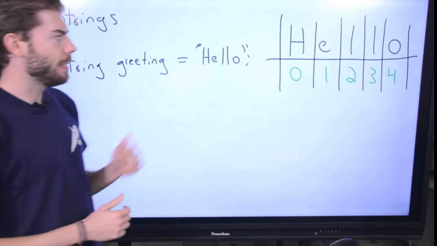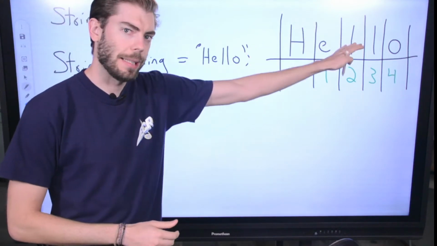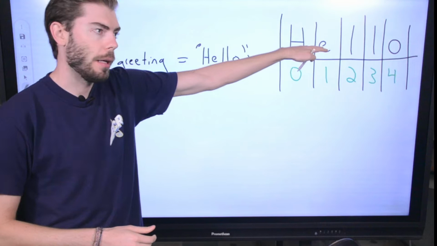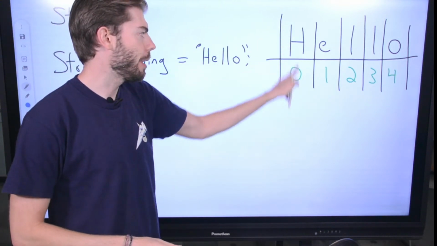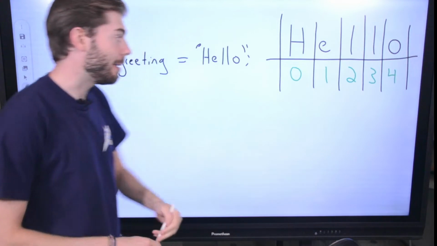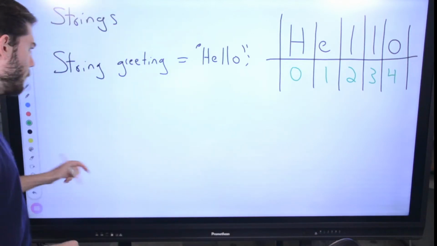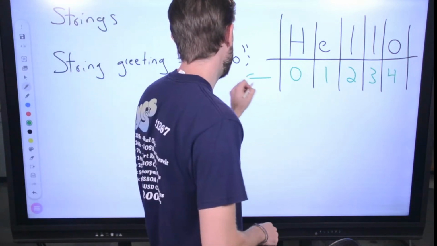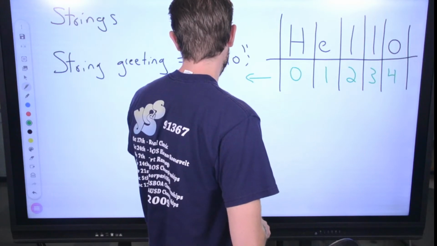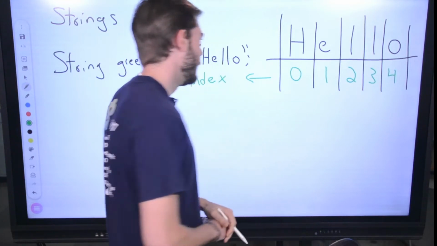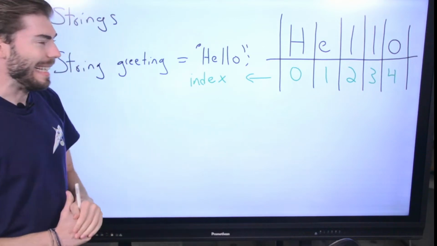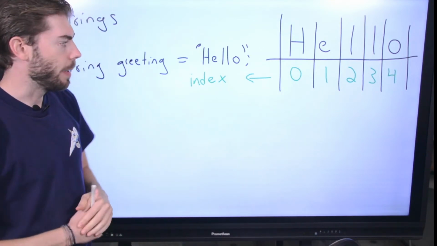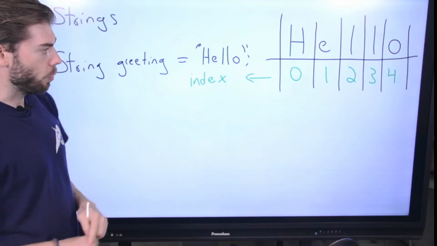And this way, Java doesn't have to know what the context of those characters in the string are. It doesn't have to know the word hello. It only has to know where each character goes in line with its index. So this is an index. Now, this is going to become really useful for us in finding, searching, and creating and manipulating strings.